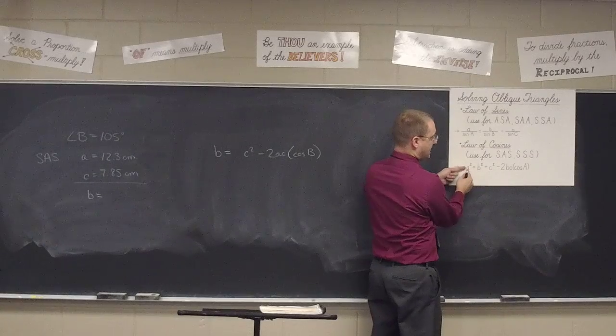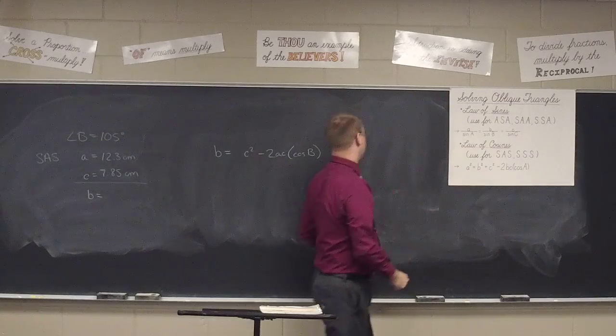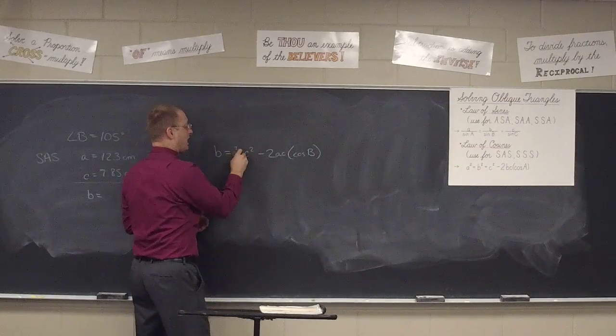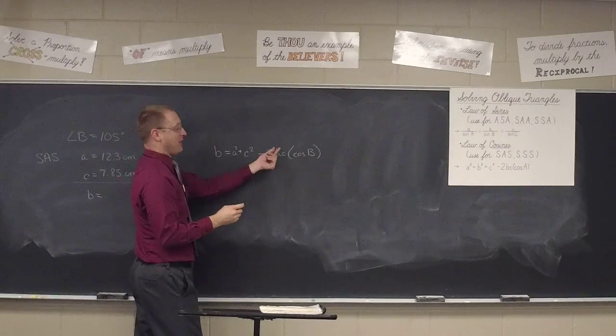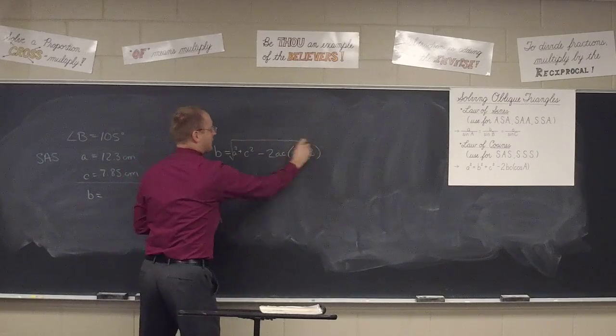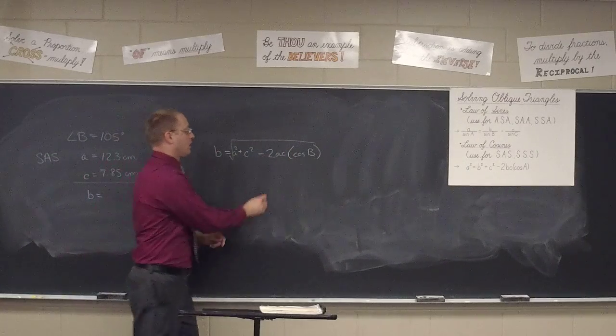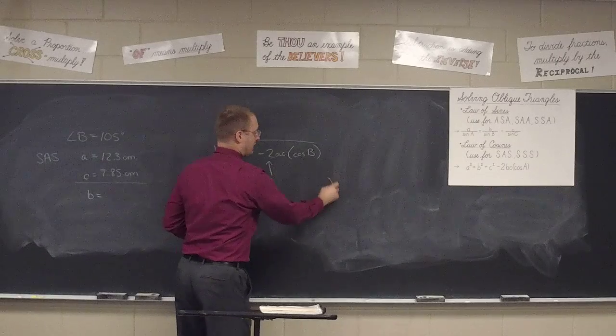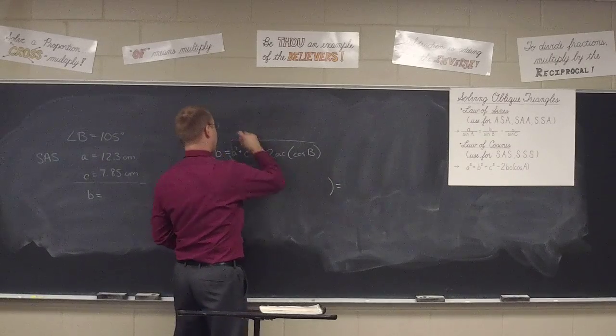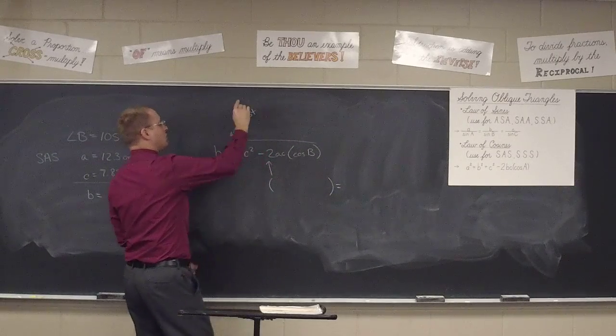Yeah, we're just going to put a b here and the other two letters here. Yeah, you just switch them. So b equals a squared plus c squared minus 2ac cosine b, but we're going to have to take the square root of all of that. Remember, parentheses here and here, and an equal sign before you take the square root.